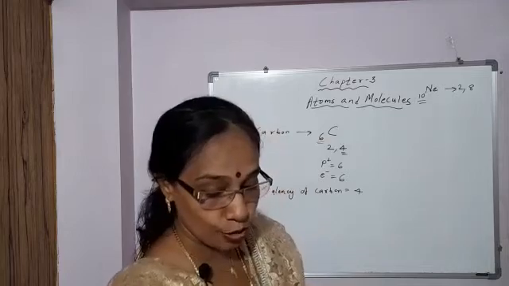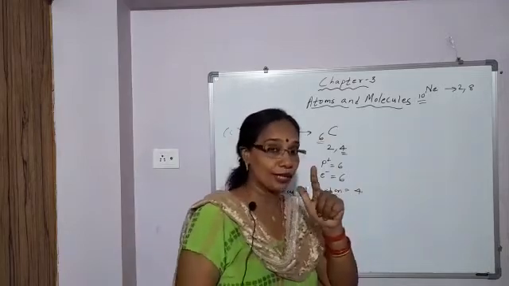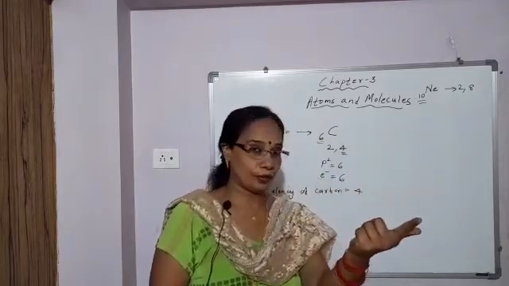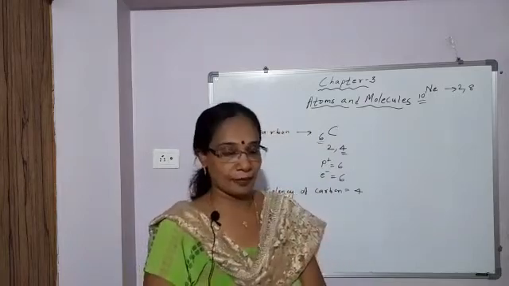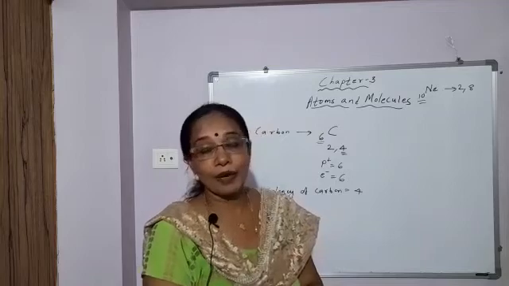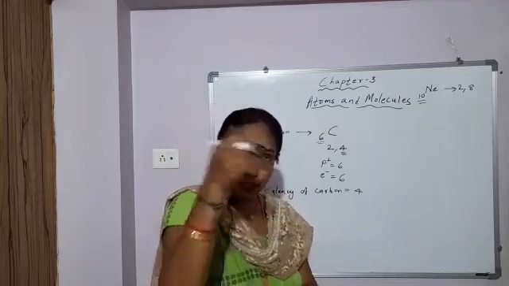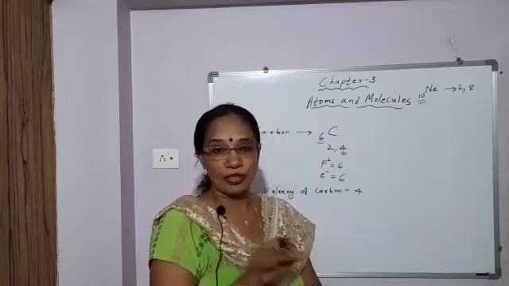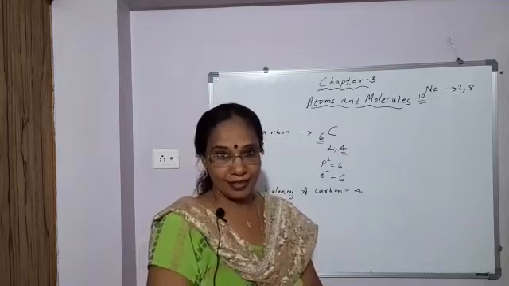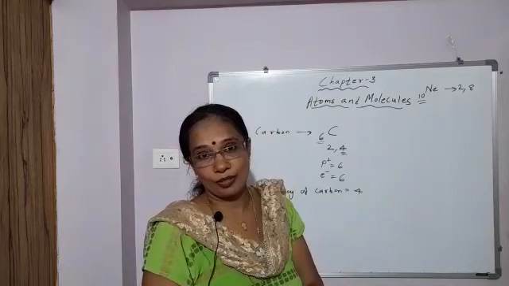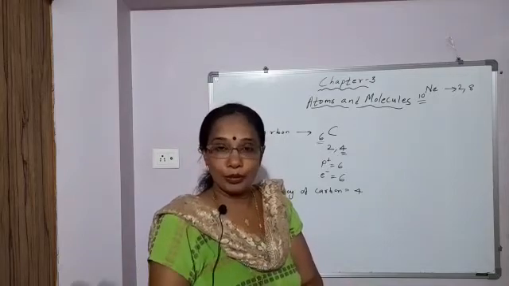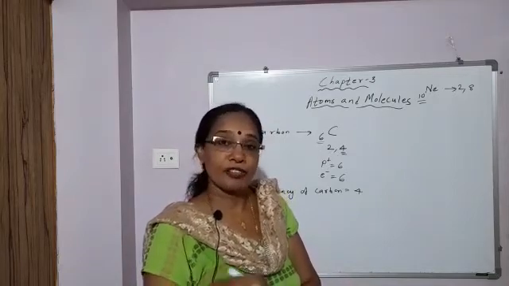3 examples I took, students. In the first example, sodium, it loses its 1 electron to attain the electronic configuration of the nearest noble gas. In the second, I took the example of oxygen. It gained 2 electrons to attain the electronic configuration of the nearest noble gas. And here the third example, carbon, it is sharing its 4 electrons to attain the electronic configuration of the nearest noble gas.